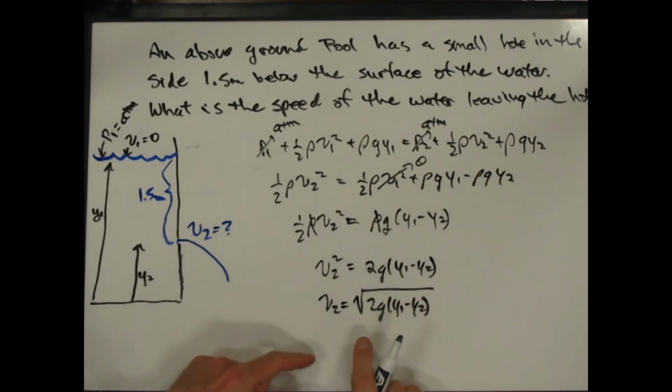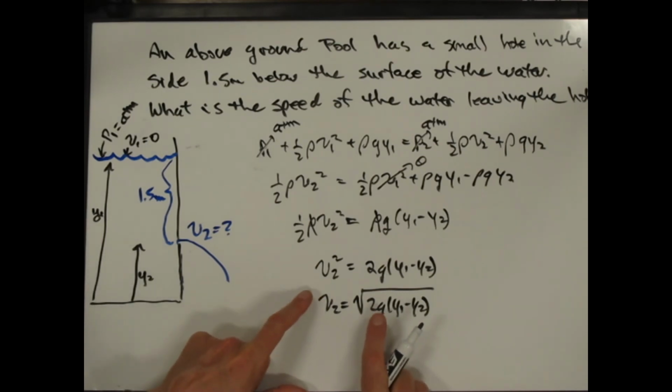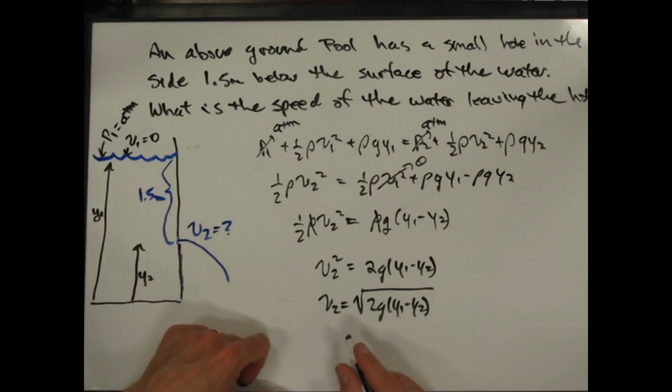Now, I don't know if you remember, but this comes from the kinematics problem that we did way back in chapter 2, where we said v squared is equal to v naught squared minus 2gh. This is the height. The velocity of this is just as though you had dropped it from that height, and so it's the square root of 2gh. Maybe that sounds familiar to you.